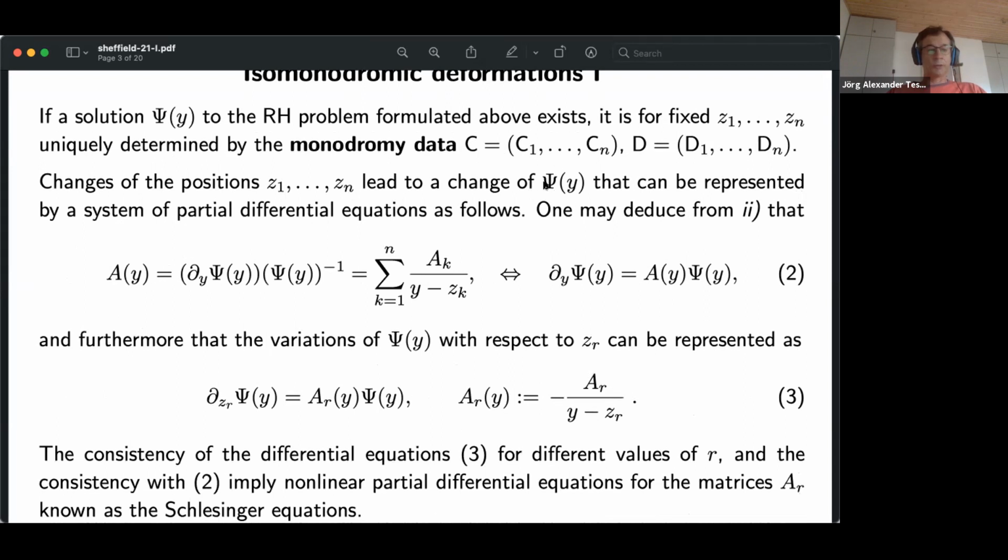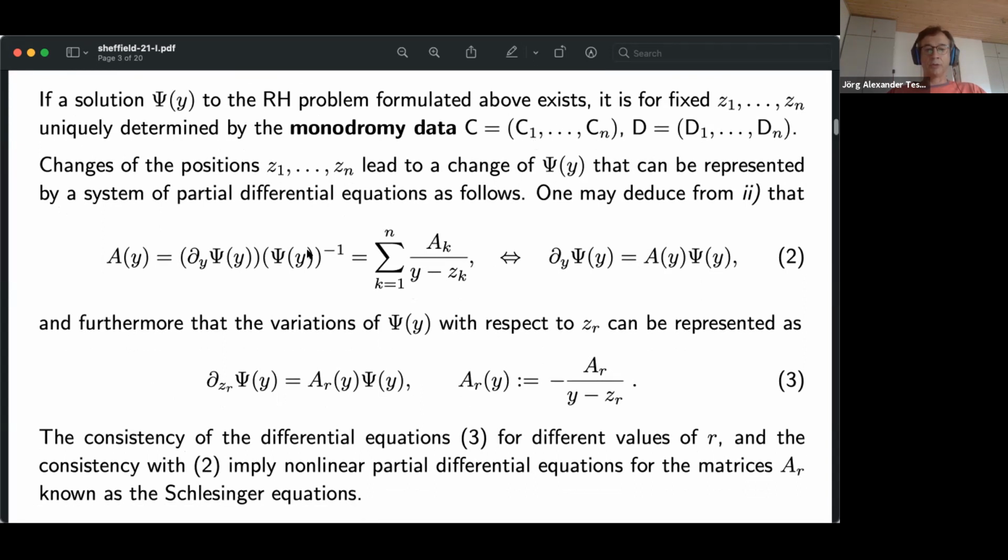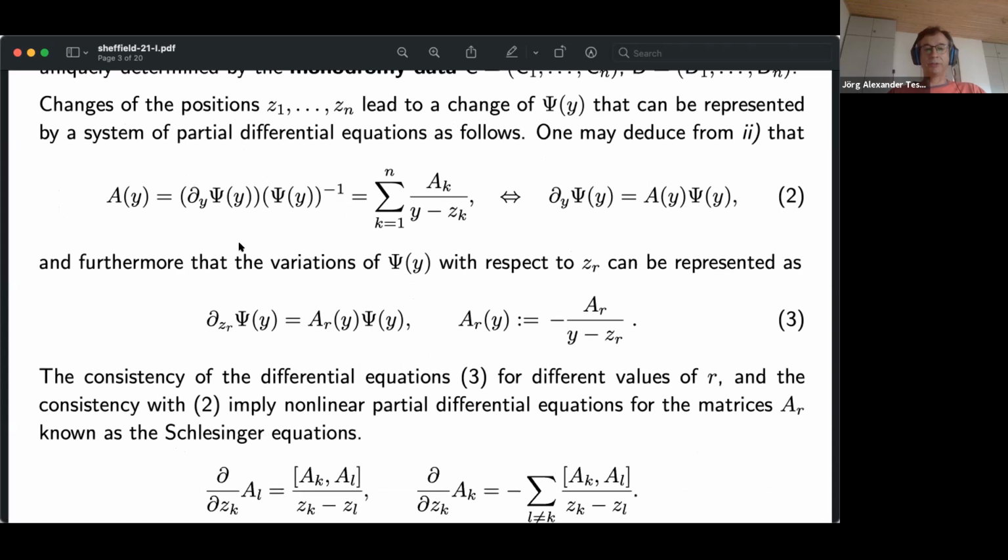Basically, we want to turn it into some local question. So far we've kept these positions z1 to zn fixed, and we want to ask ourselves, when we vary them, how does psi of y vary, or what is going to be the main player in this reformulation of the problem? We take the matrix A of y obtained by differentiating psi with respect to y and then multiplying with the inverse of psi from the right.